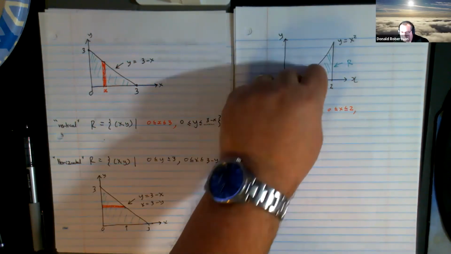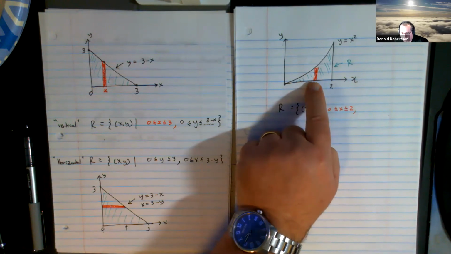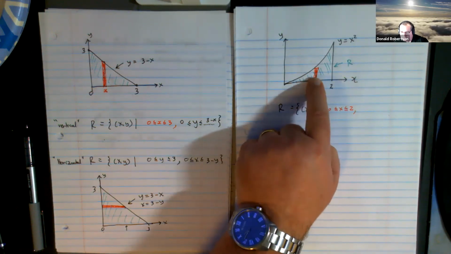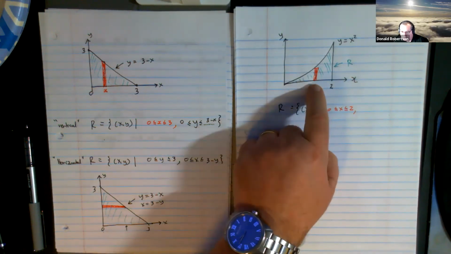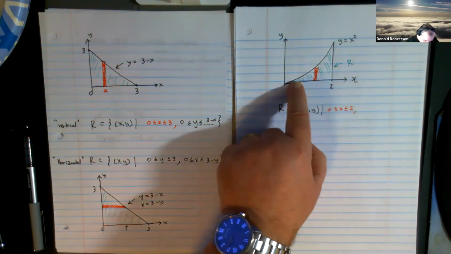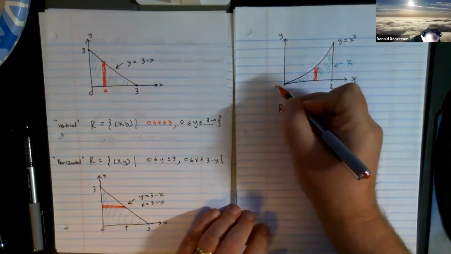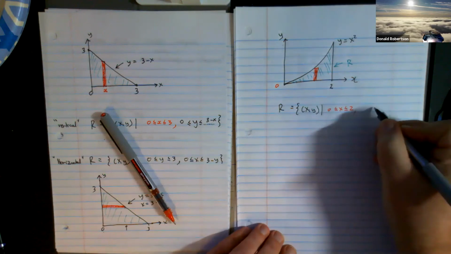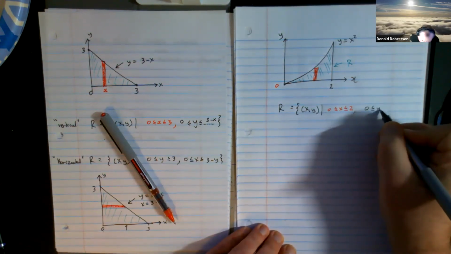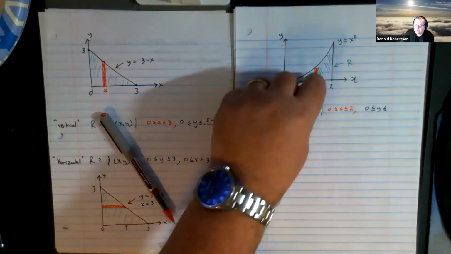For this vertical rectangle, what is the y coordinate of the bottom and what would the y coordinate of the top be? Well, on the bottom, it's 0. What would the top be?